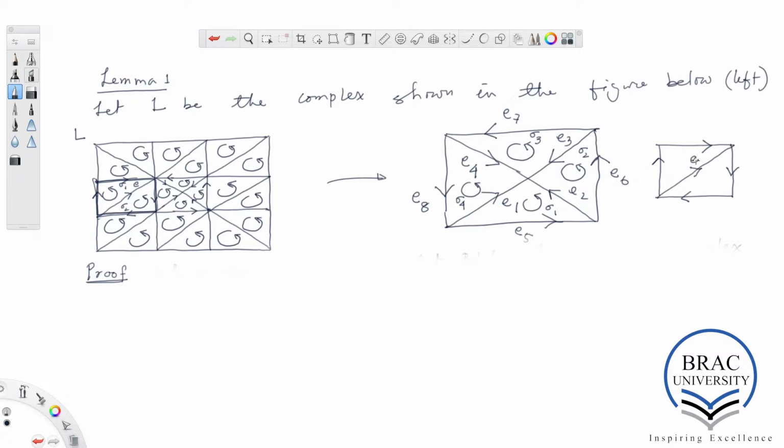So this is E, and let us label the one simplices by B, A, F, and C. So each of the two simplices is oriented counterclockwise. This is sigma 1, right? And this is sigma 2. Okay.